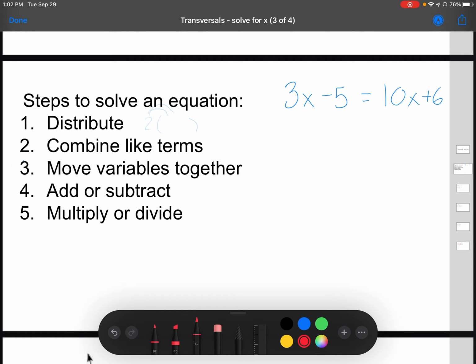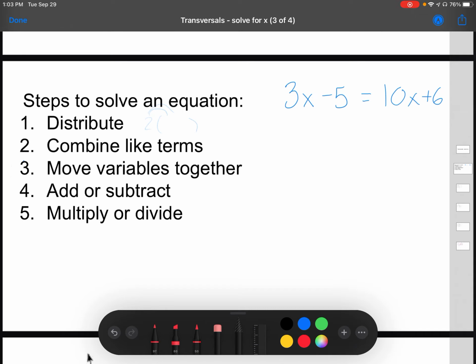Next one is to combine like terms. Remember, like terms are numbers that have the same variables or both don't have a variable. When you do that, it has to be on the same side of the equal sign. So if we look at ours, I've got a 3x minus 5, those are not the same, and 10x plus 6, those are not the same. So I can't do step 2 either.